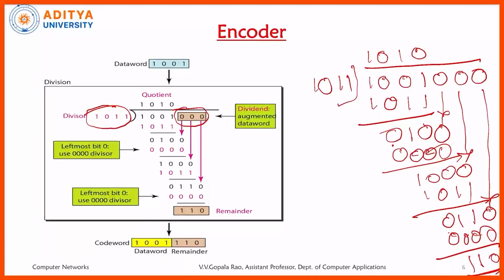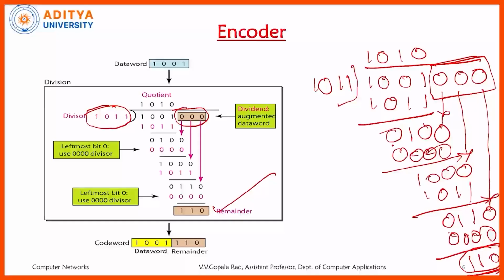So this 110 is called as the remainder, but technically it is referred as the CRC value. So the CRC is nothing but the value that is obtained after division as a remainder. That remainder is technically referred as CRC. So this CRC value will replace the initial zeros that are actually considered.